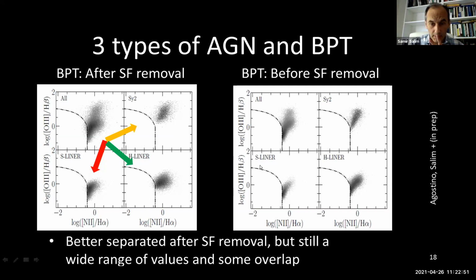For example, Seyfert, soft and hard LINERs seem better separated, and Seyfert 2s and the soft LINERs also seem slightly better separated. That's because we are using these decontaminated lines to do that.